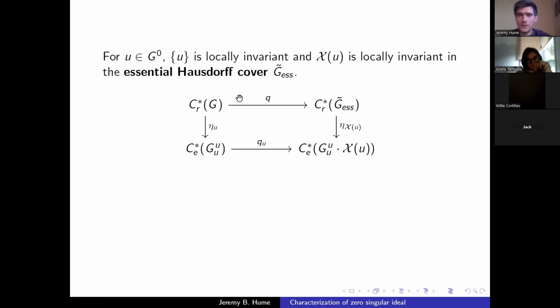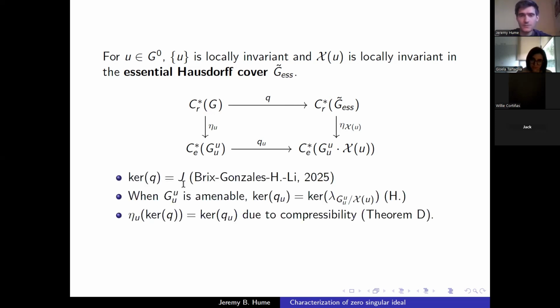We have this commuting diagram where the vertical maps are these restrictions, which are compressible: restriction to U and restriction to curly X at U. Down below is just the reduction, identified as the groupoid associated to all the cosets of these subgroups. This top map here, Q, has the nice property that its kernel is the singular ideal.